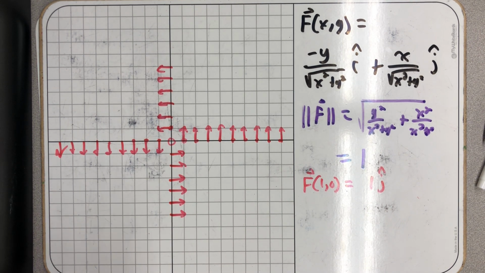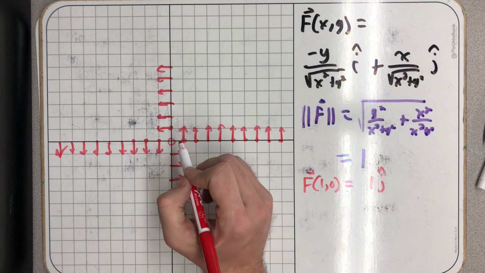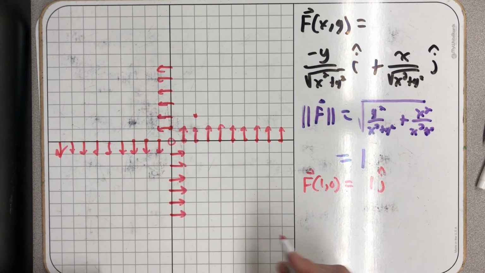All right, so I think I'm starting to understand what's going on in this vector field, but let's at least draw a few of the vectors out here in the quadrants. So I don't know, let's start with 2, 2.